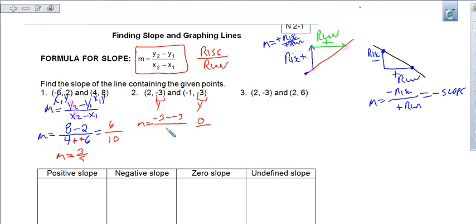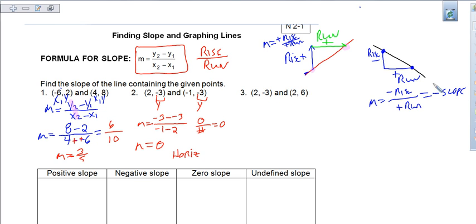So in fact, anytime you see the y coordinates are identical to each other, you don't really need to worry about subtracting the x coordinates, because 0 divided by any number is going to give us 0. And 0 indicates that we're going to end up with a horizontal line.